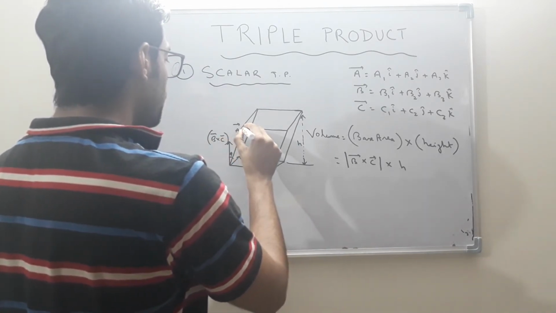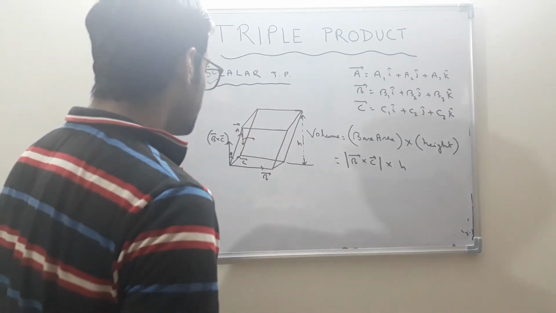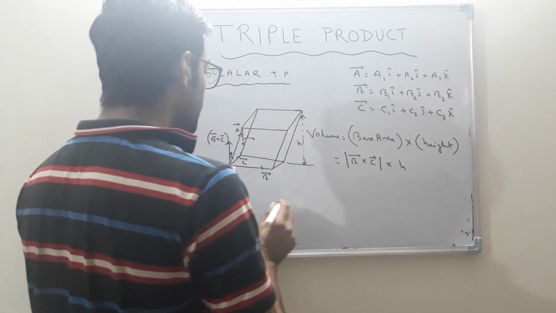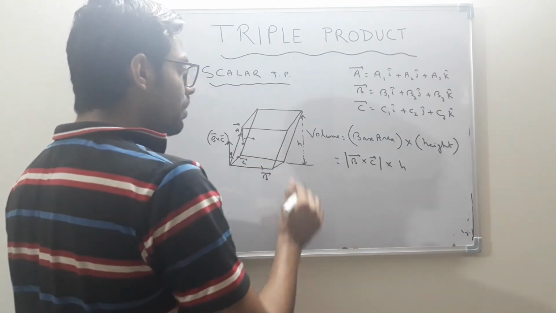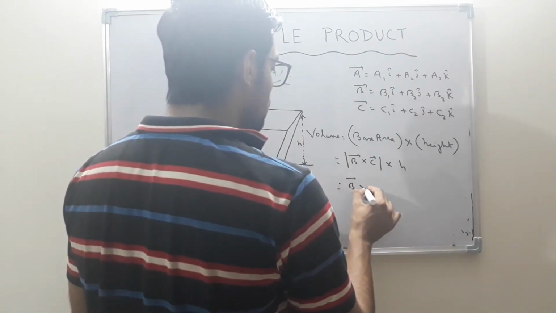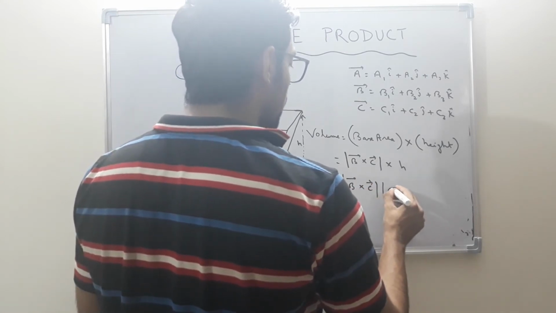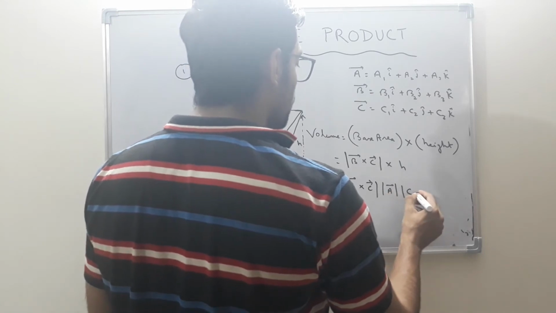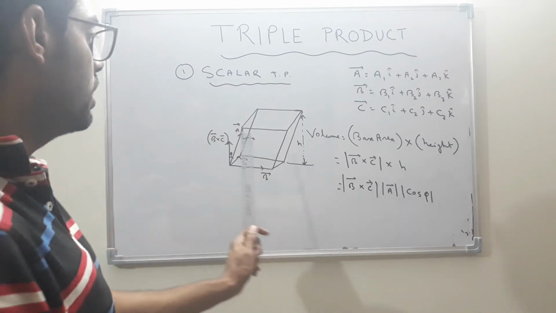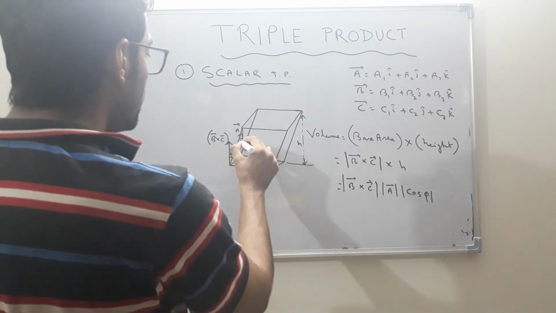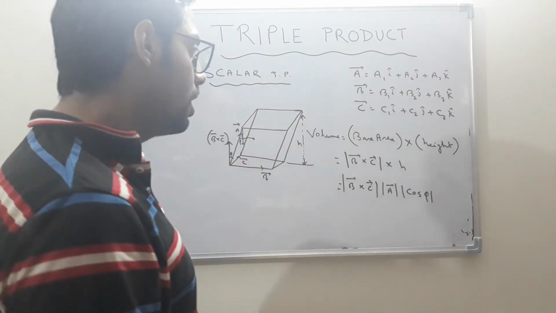If we draw the perpendicular component of the A vector, it can be written as A cos phi, which is equal to the height of the parallelepiped. This height can be written as mod A into cos phi, because this angle will also be phi, and A cos phi will give you the height of this parallelepiped.